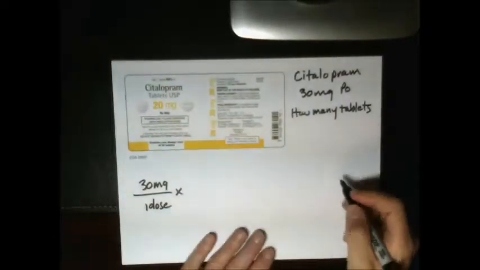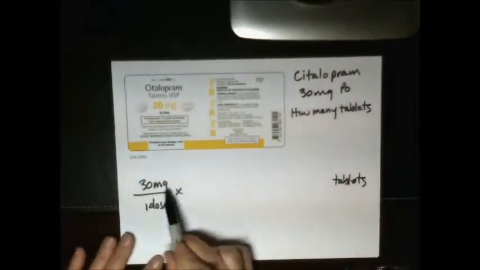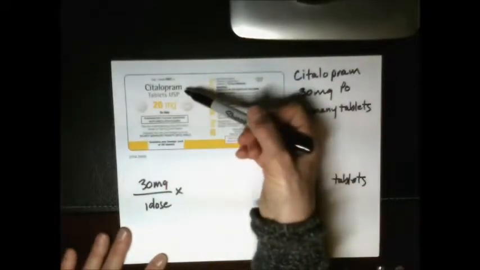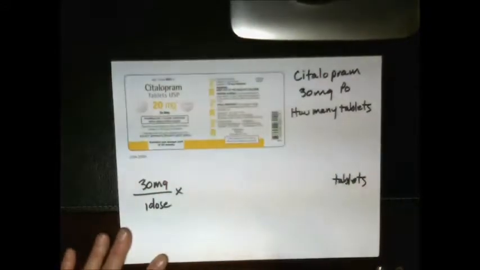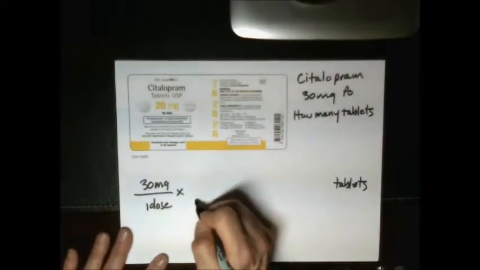We want our answer in tablets. So just to organize things nicely, I'm going to put tablets over here so I know what I'm looking for in my end result. In our pharmacy, we have 20 milligram tablets. So because we're going to want the milligrams to cross out and have our answer in tablets, I'm going to put milligrams on the bottom here.